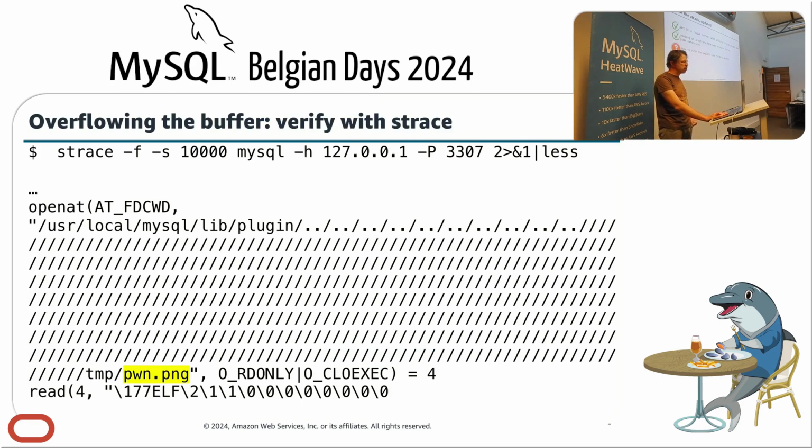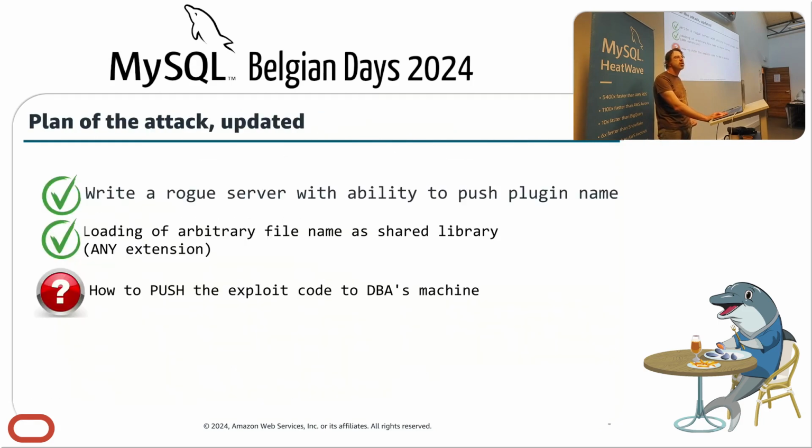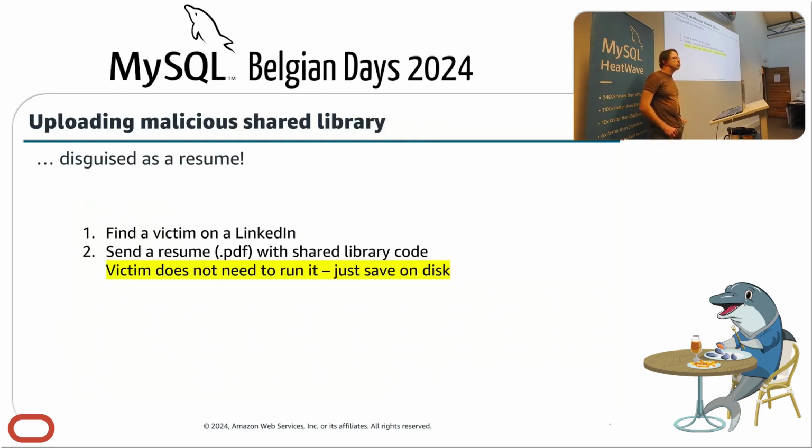But let's fix the last problem that we have. How do we actually push the arbitrary code to your workstation? Right? That's the hardest part of that. What we can do is we can use some sort of disguise, right? We can load any file disguised as a resume.